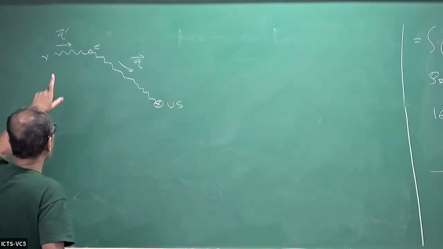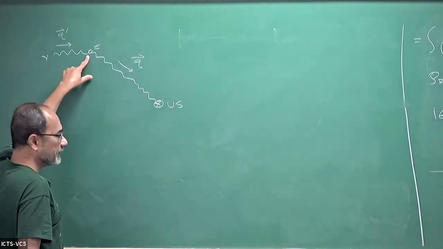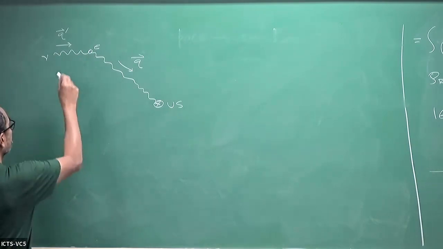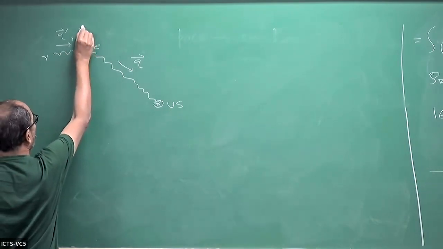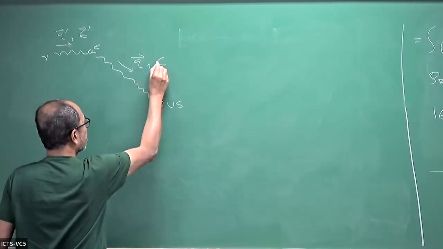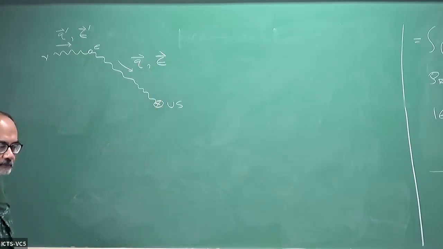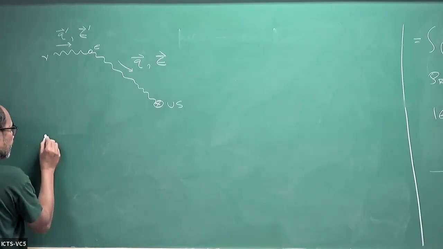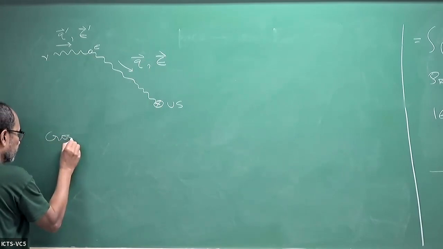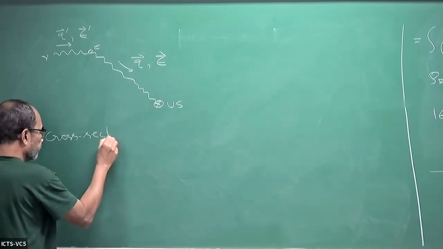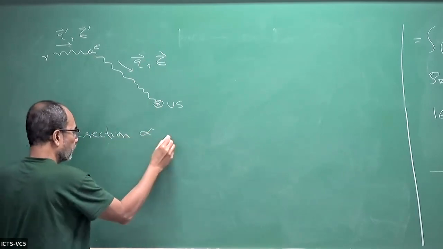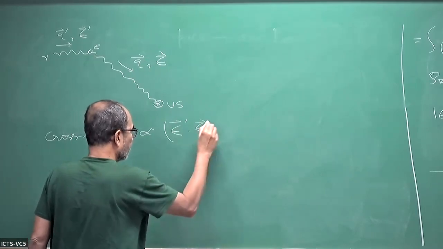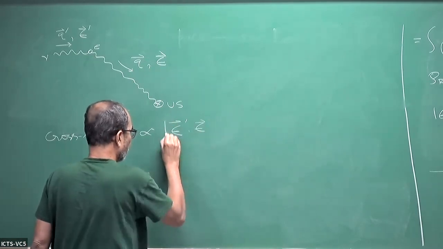Now we need to know something about the cross section of this process, and the only thing that we need to know is how it depends on polarization. So let's suppose that the incoming photon carries polarization epsilon prime, and the outgoing one carries polarization epsilon. Then the statement is that the cross section is proportional to epsilon prime dot epsilon, mod square.